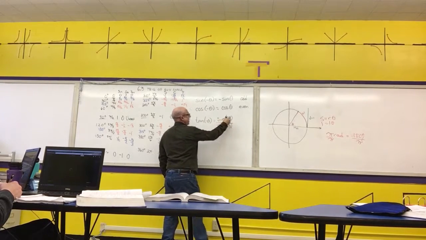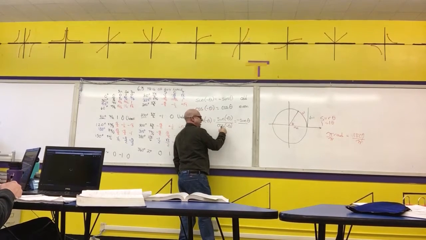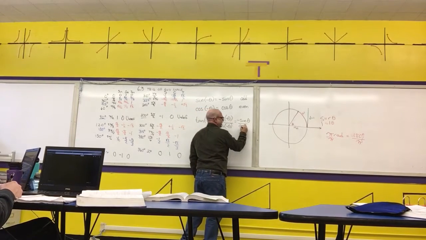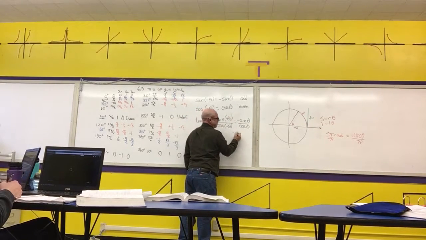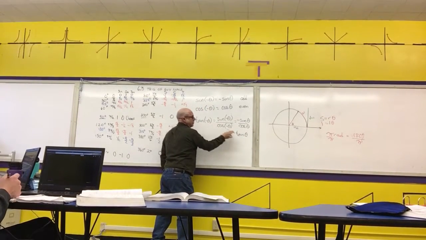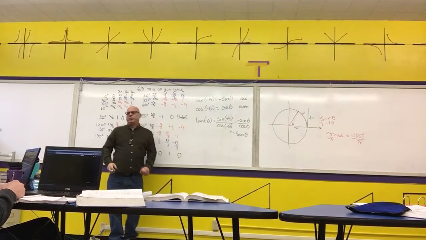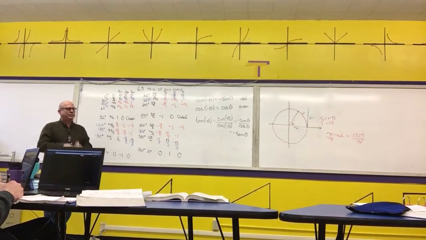Sine of a negative angle is equal to negative sine of the original angle. Cosine of a negative angle is the positive of the original angle. Well, sine over cosine is tangent with a negative in front of it. The reason I don't have you memorize this identity is because you can come up with it using your reciprocal identities. Saves hard drive space.